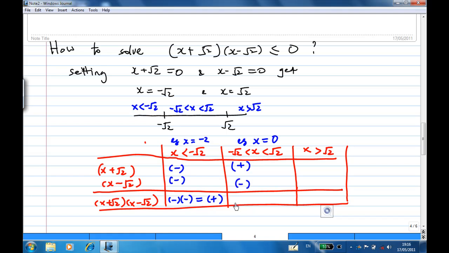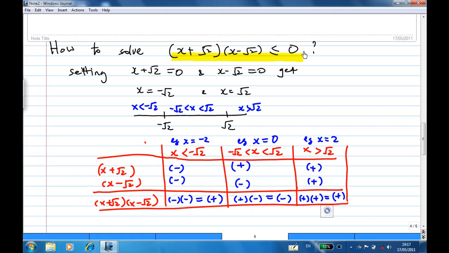So the product is positive times negative, you get negative. And then for x greater than square root 2, for example, x equal to 2, then x plus square root 2 will be positive, x minus square root 2 will be positive again. So the product will be positive.